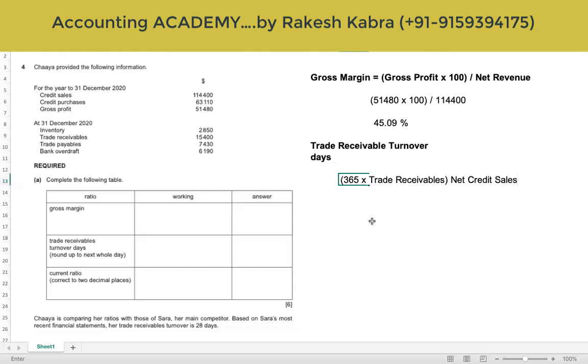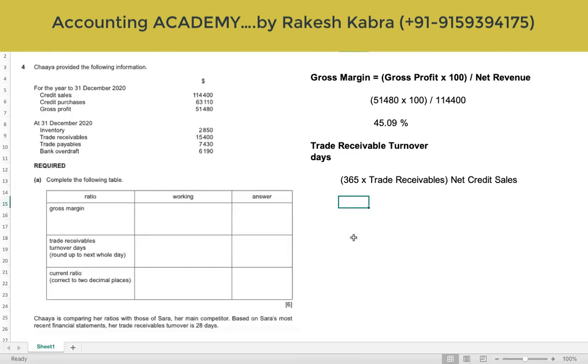Remember, we will not take net revenue, we will take net credit sales. And this ratio shows how many days we are taking in collecting money from credit customers. On an average, how many days the business takes to collect money from credit customers.